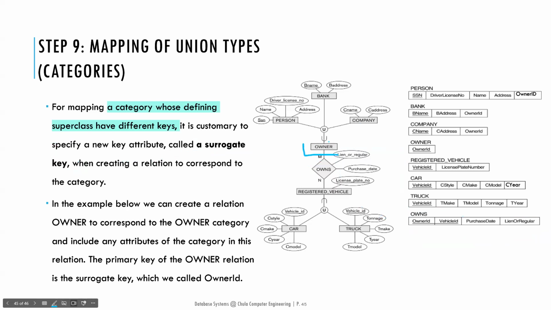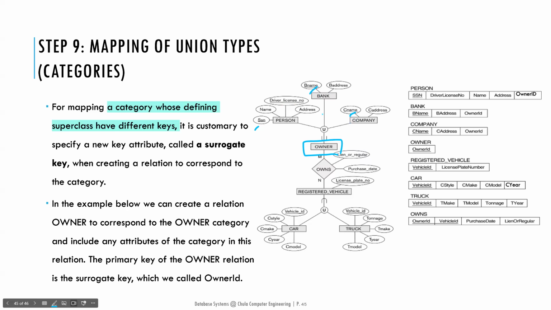Because owner is actually the one that connects the one who owns the vehicle, right? When the owner owns the vehicle, but owner has many types of superclass, right? It has multiple superclasses, and each of the superclasses has a different key. So person has SSN and driver license number, company has C name, bank has B name. You cannot just take one of the keys from their superclass, right?